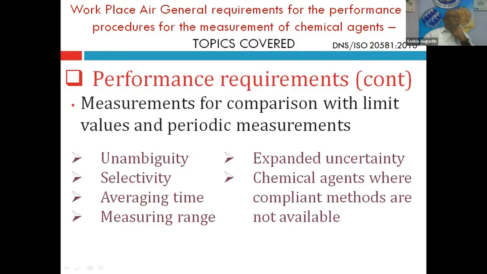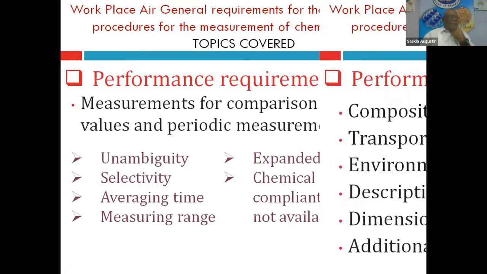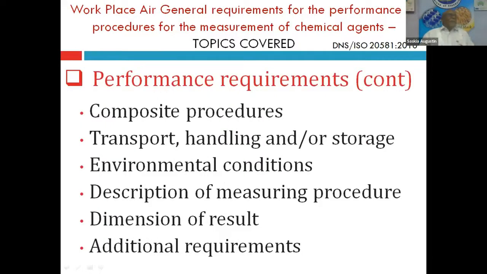And we are looking at ambiguity, selectivity, averaging time, measuring range, expanded uncertainty, chemical agent values, where compliant methods are not available. We look at the composite procedures, transport, handling and storage, environmental conditions, description of measuring procedures, dimension results, additional requirements.